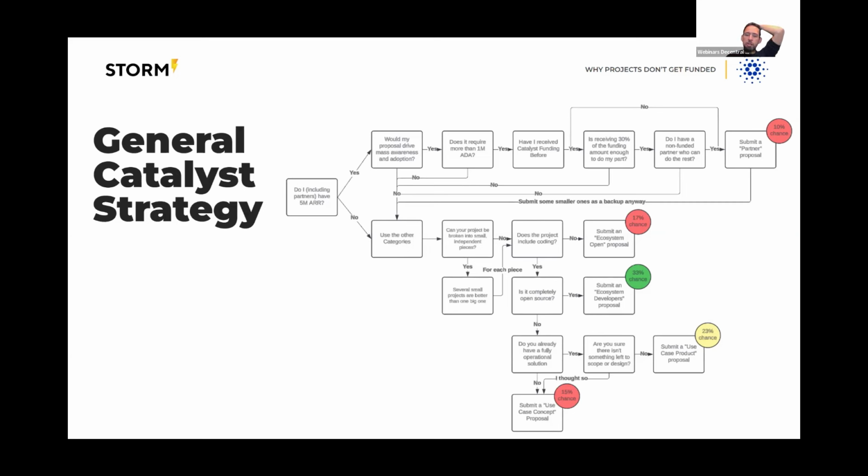If you have an already fully operational solution, then technically you fall into the product proposal, which strangely enough had a higher pass rate than the concept category, which is usually where we recommend people deviate to.